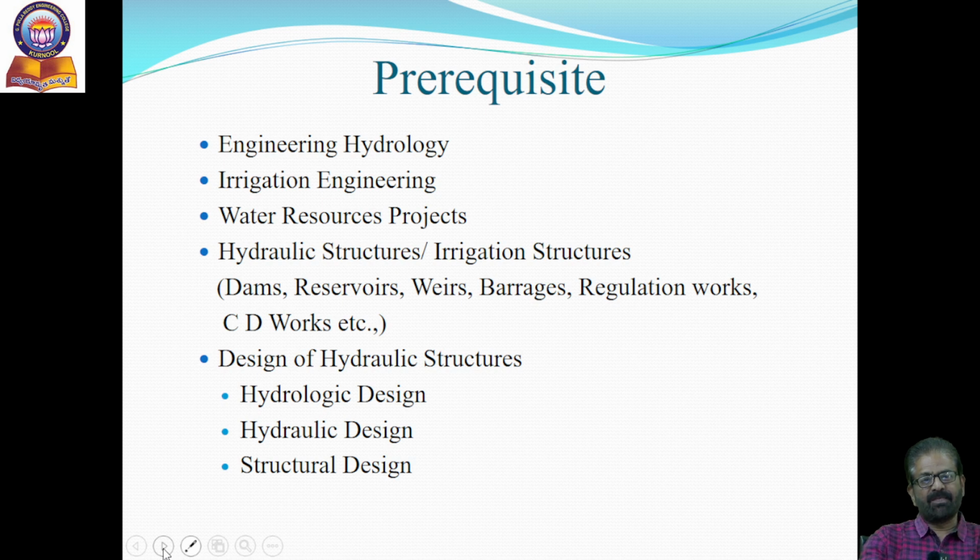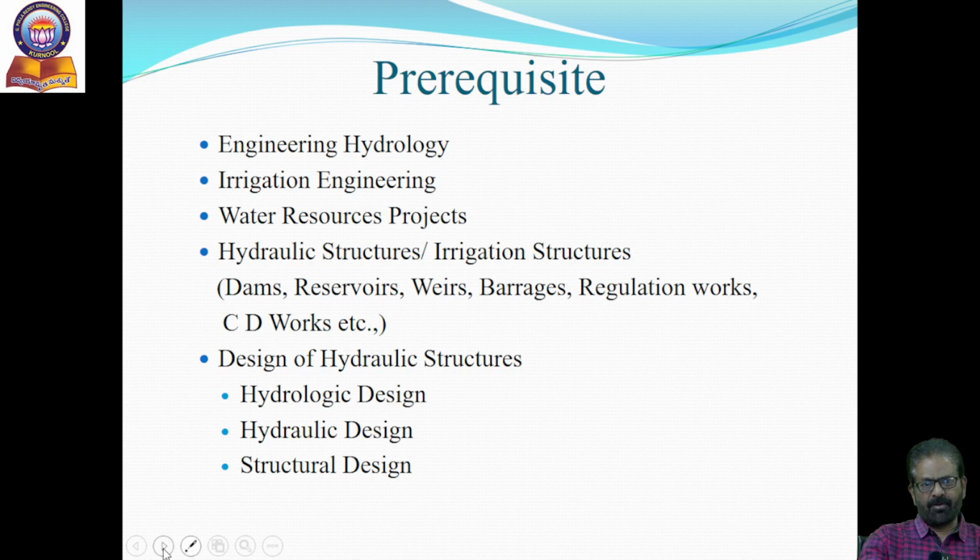Therefore, with the basic knowledge of engineering hydrology and irrigation engineering, we can study water resources projects, that is hydraulic projects, etc. Water resources projects are the major projects like dams, reservoirs, weirs, barrages, regulation works, CD works, etc. All these come under hydraulic structures or irrigation structures.